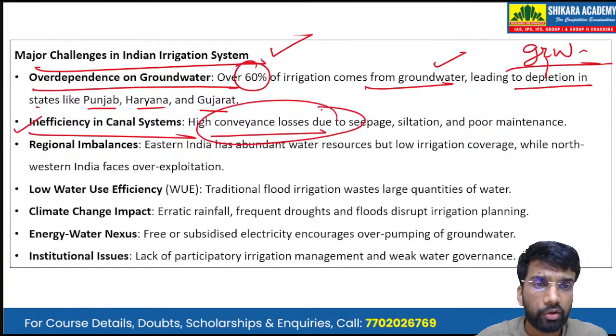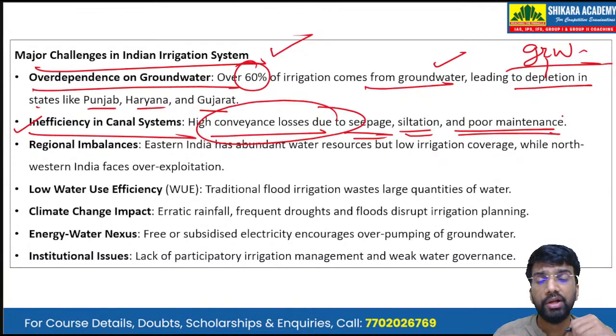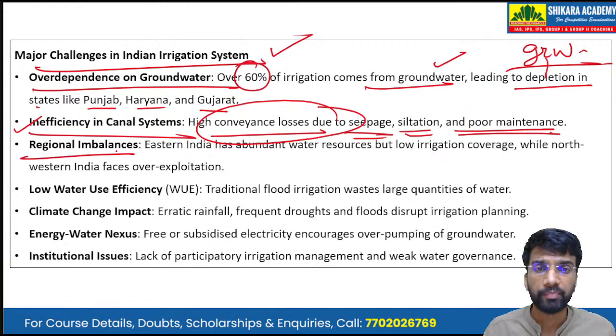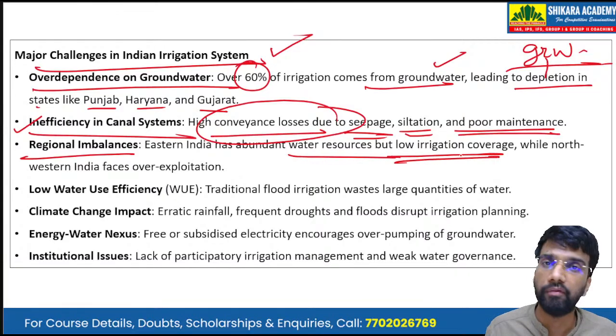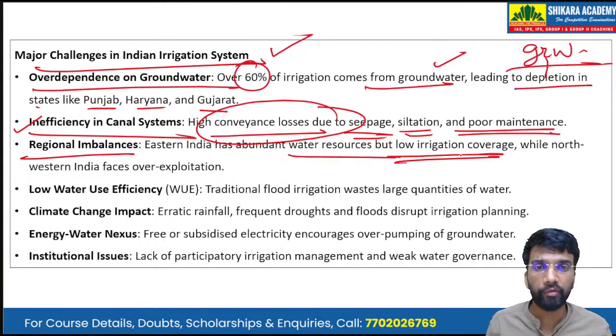Second is the inefficiency in the canal system: high conveyance losses due to seepage, siltation, and poor maintenance. Because of the poor maintenance and siltation of these canals, there is very high inefficiency in the canal systems. Third is the regional imbalances. Eastern India has abundant water resources but low irrigation coverage, while northwestern India faces overexploitation.